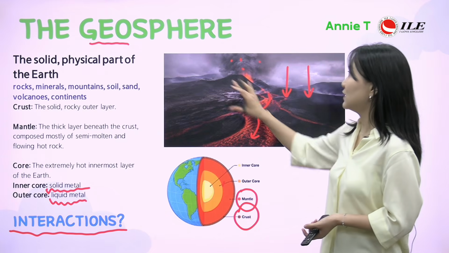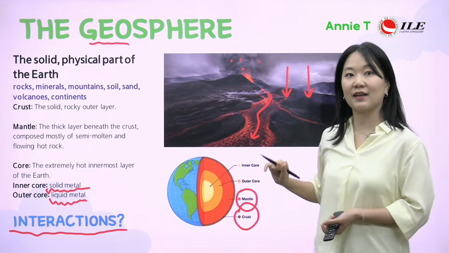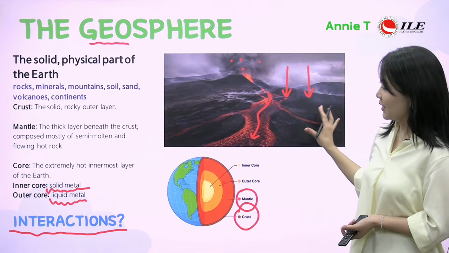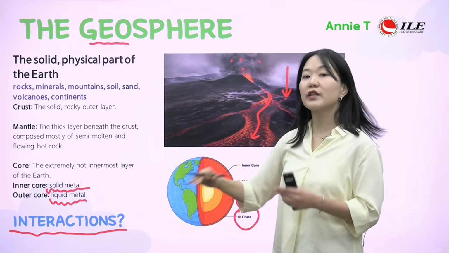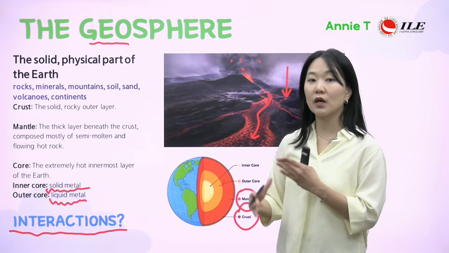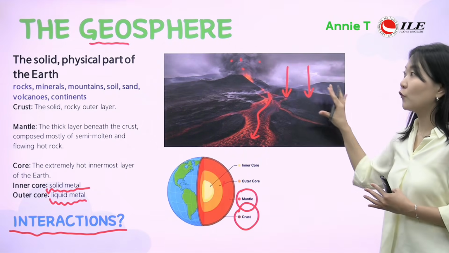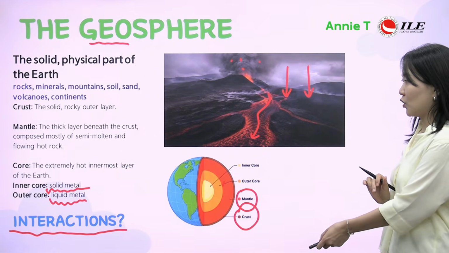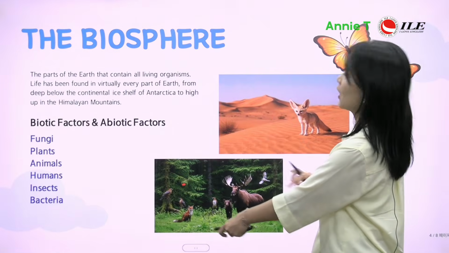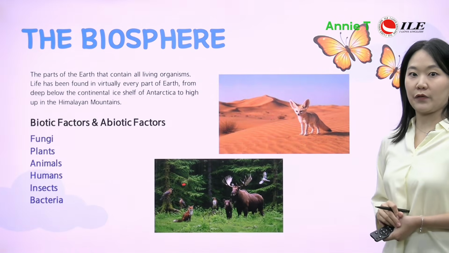So you can say it's changing the geosphere once again. So as you can see, all four spheres are interconnected, and we have a lot of interactions in all four spheres. So next, let's move on to the biosphere.